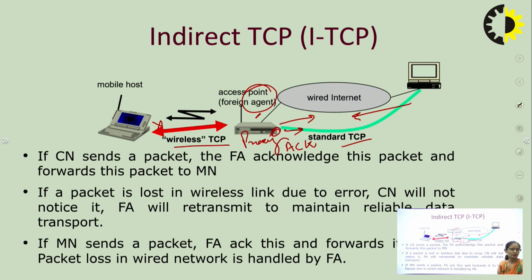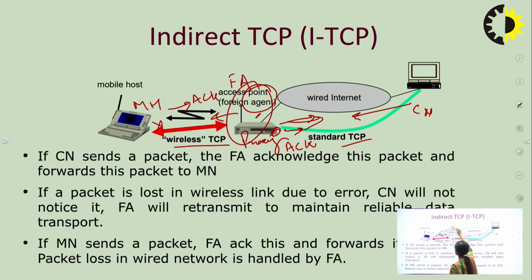Now, if a packet is lost in the wireless link due to some error, the CN will not notice it, but the FA will retransmit to maintain reliable data transport. This is your CN, this is my MH, and this is my FA. The FA forwards the packet to the MH, and the MH in turn gives the ACK.